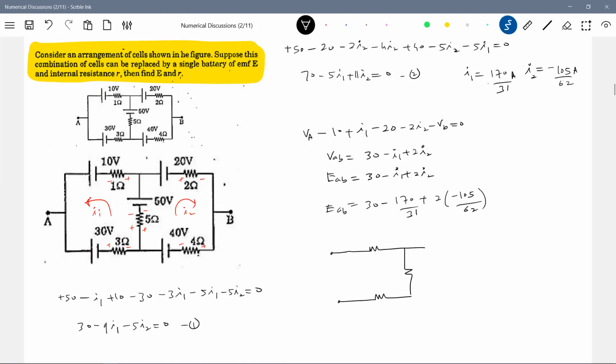Calculations you can do. So where all cells were here, all the cells are replaced with a short circuit.